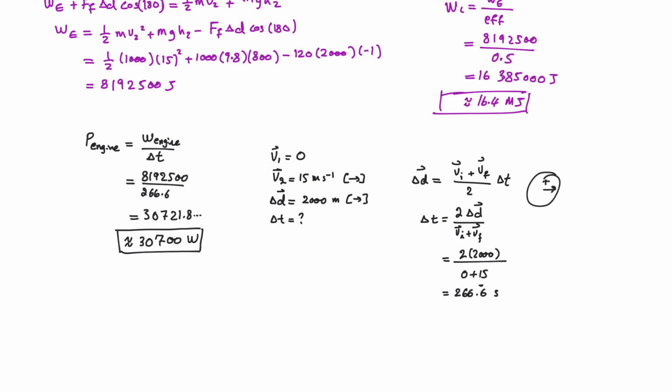And now I'm going to alter the question slightly, and the wording of the question is actually very, very important. So I'm going to ask, determine the power delivered to the engine during this trip.